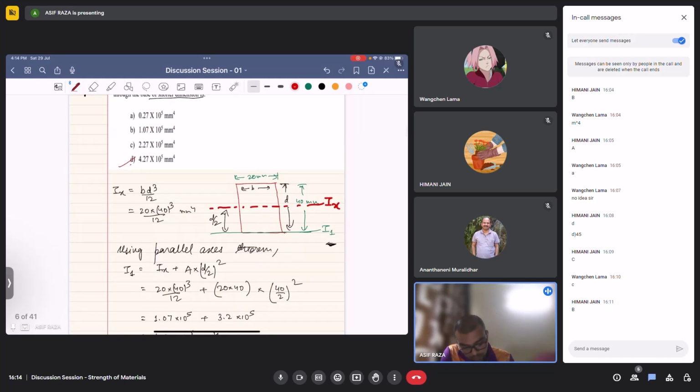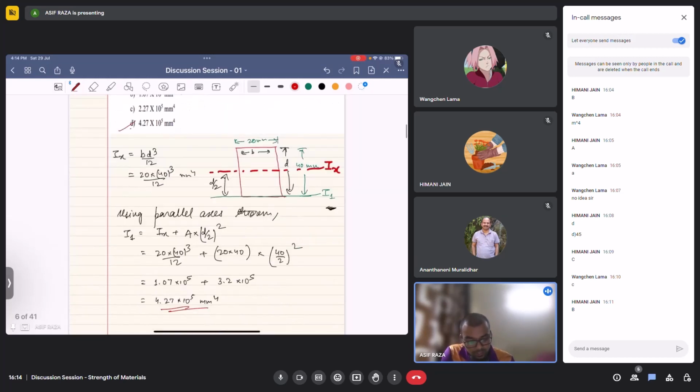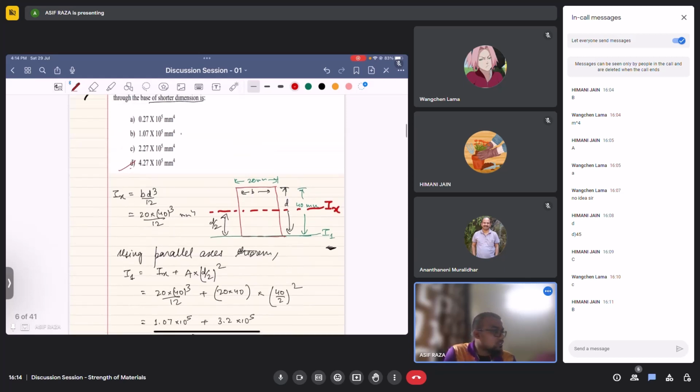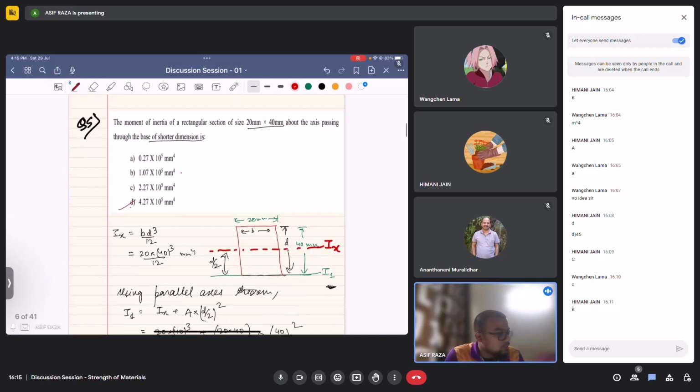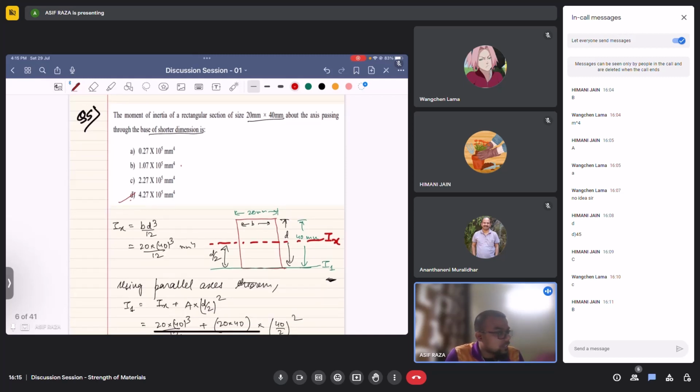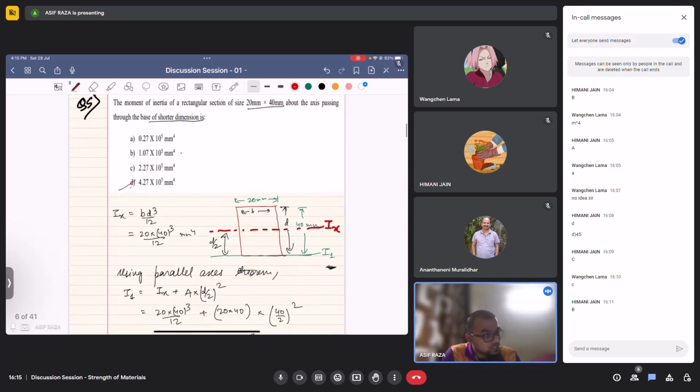Himani gave answer as option B, and that is only just this Ix. So that is not according to the question. The question asks, we need to find the moment of inertia about the axis passing through the base of this shorter dimension. So this is the question. The answer which you gave corresponds to the center.